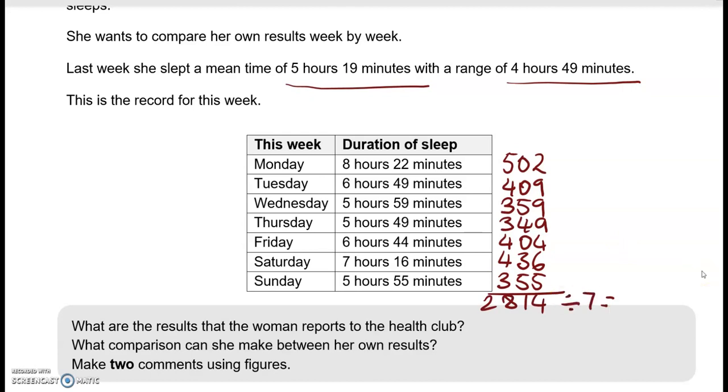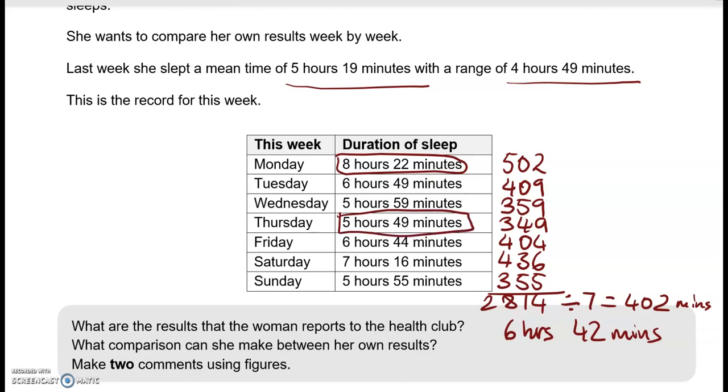Divided by 7 days of the week equals 402 minutes, which if we convert to hours and minutes will be 6 hours and 42 minutes. And the range, which is taking away the shortest duration from the longest duration, is 2 hours and 33 minutes.